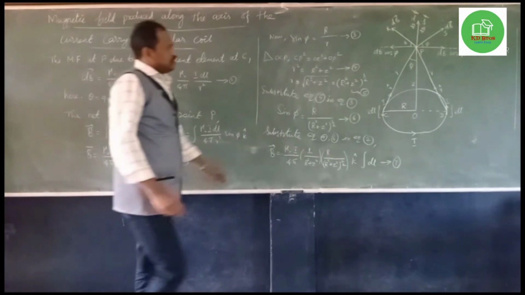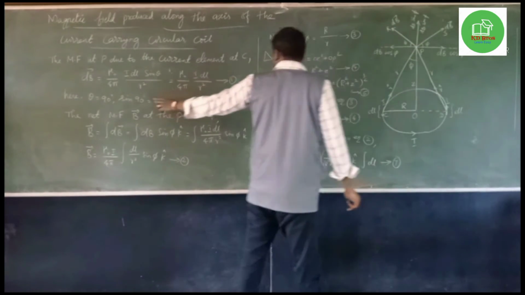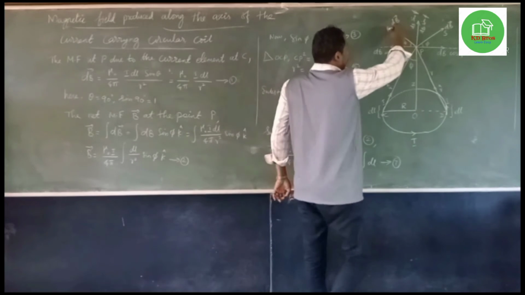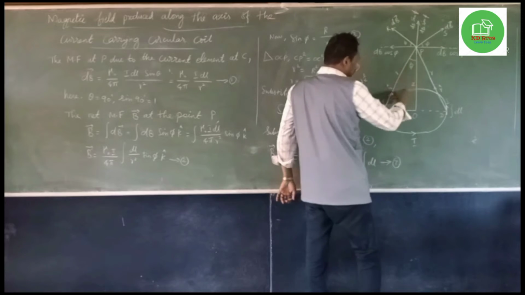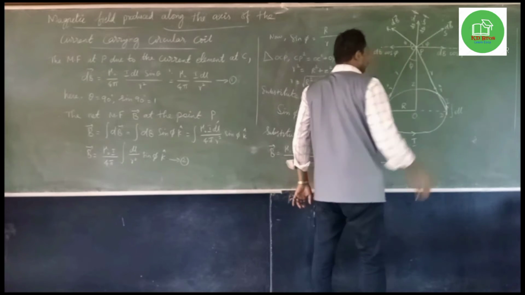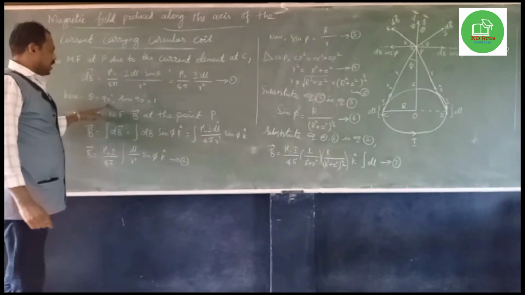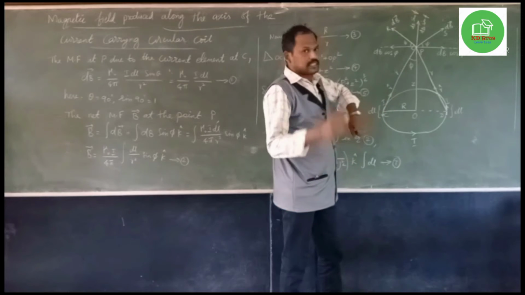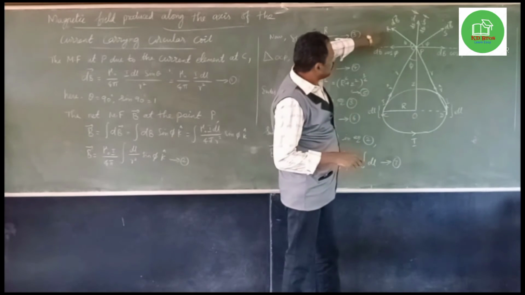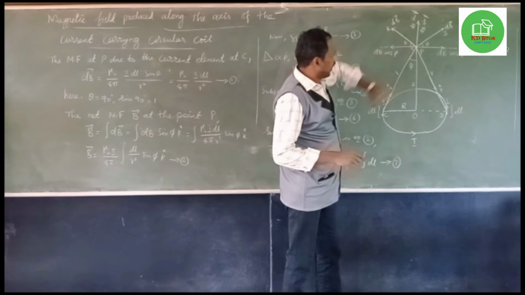Now at this point P, due to this angle of 90, the angle between PR and PC is also 90 degree, because the angle between PC and the current element is 90 degree.